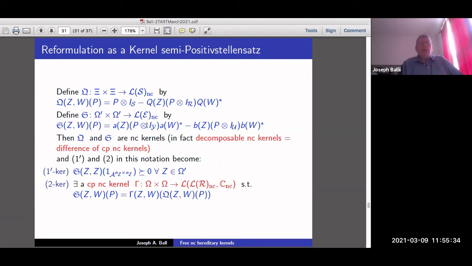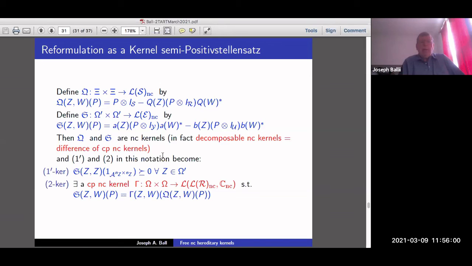So this suggests a reformulation as a positive Stellensatz. We define a new kernel Q, and define a new kernel factor S, like this. Forget where it came from, consider these as non-commutative kernels. In fact, these are decomposable non-commutative kernels.